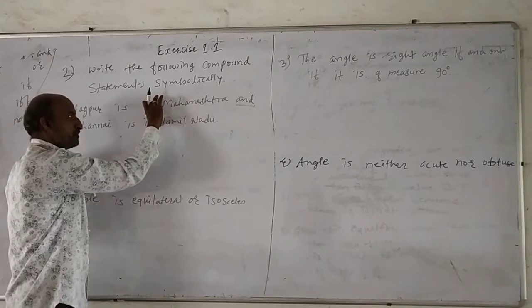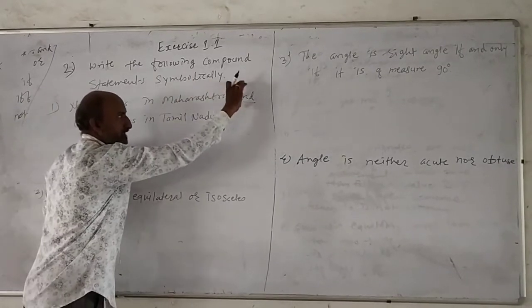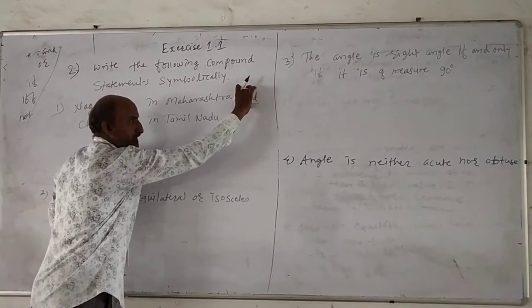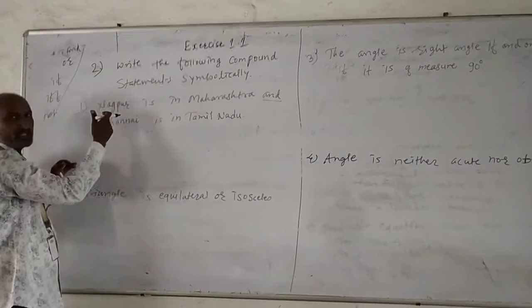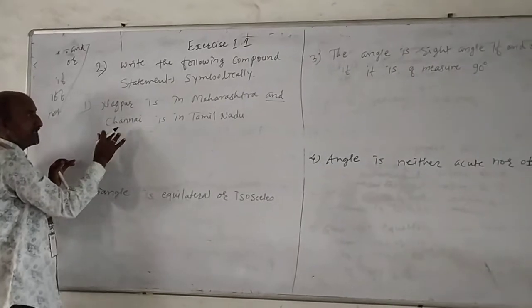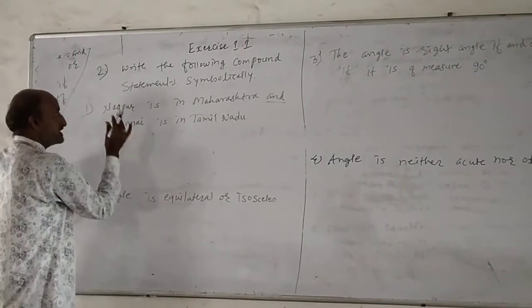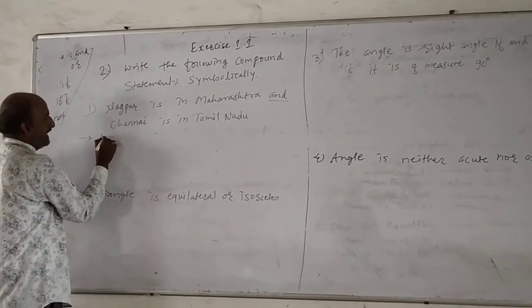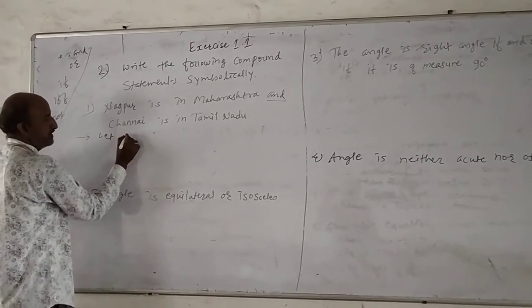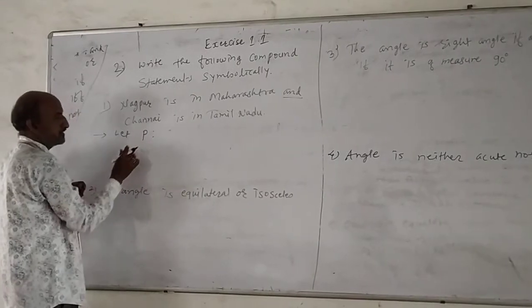These two simple statements are connected using one logical connective, that is and, to make a compound statement. Ready? Then how to write the answer in symbolic form? Let P, consider.